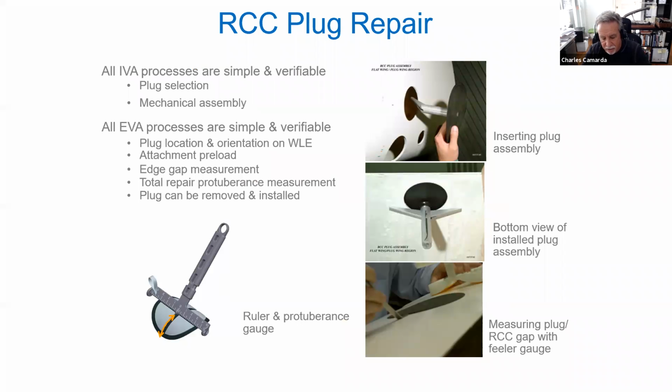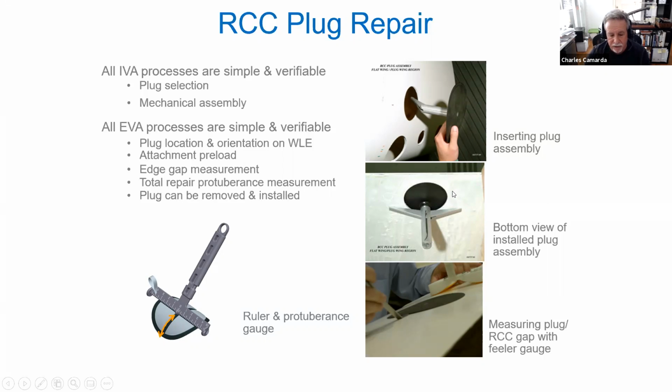And then we actually develop the tools to insert the plug and to make sure we could secure it down adequately. And we create tools to measure the bump to the flow: how thick is it against the surface of the flow? How flat is it against the surface of the flow?